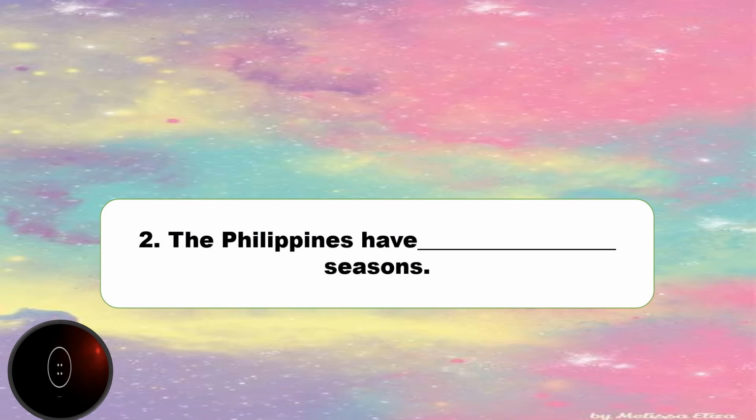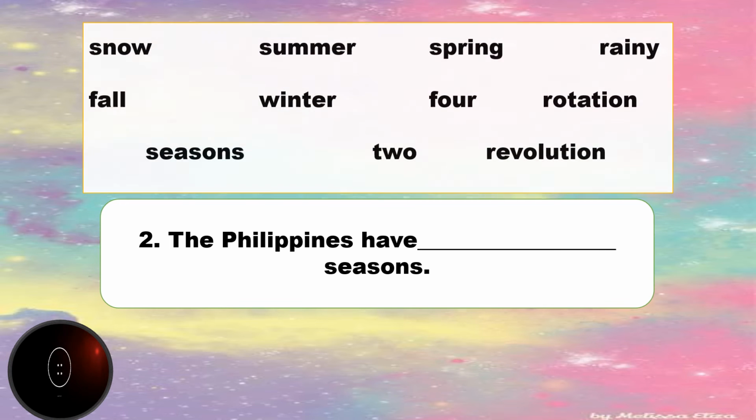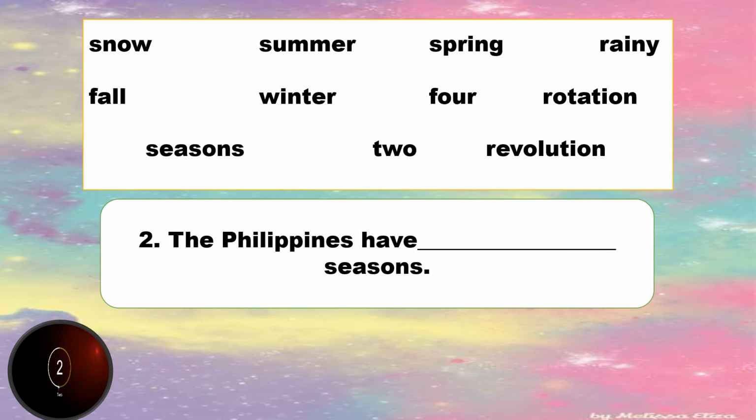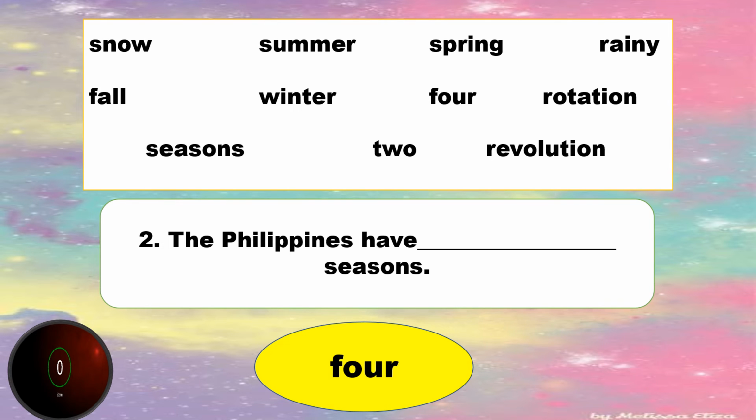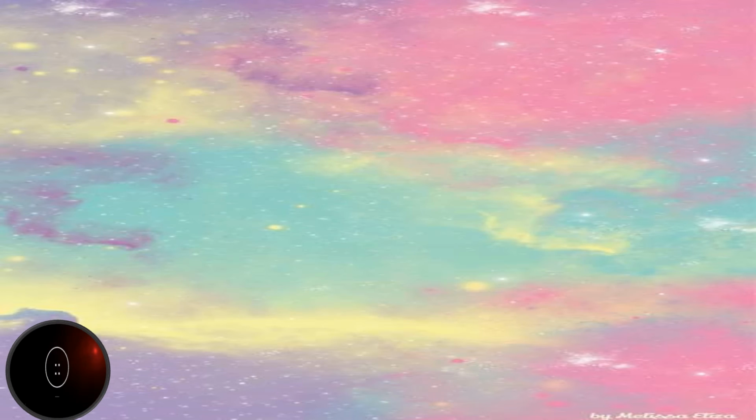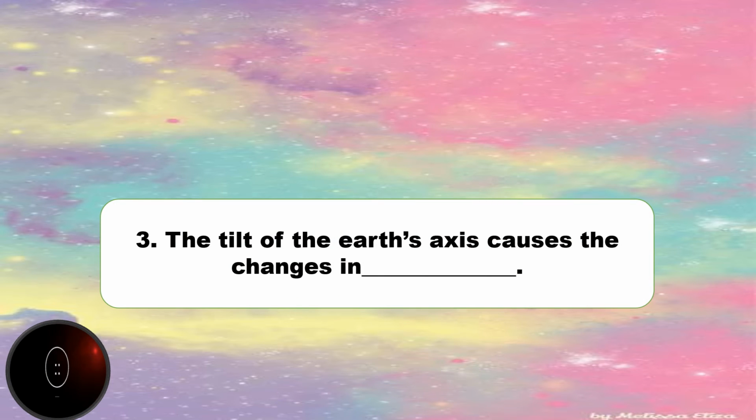Number 2. The Philippines have blank seasons. Again, the Philippines have blank seasons. You are given 3 seconds to answer. Time's up. If your answer is 4, then you are correct. Number 3.